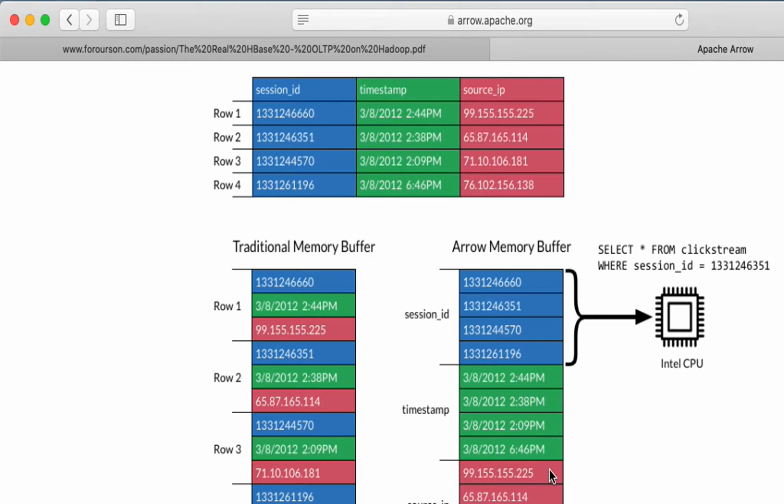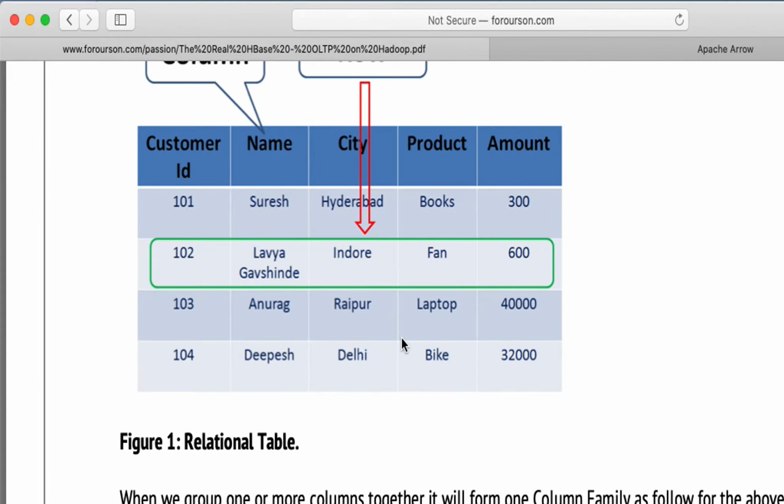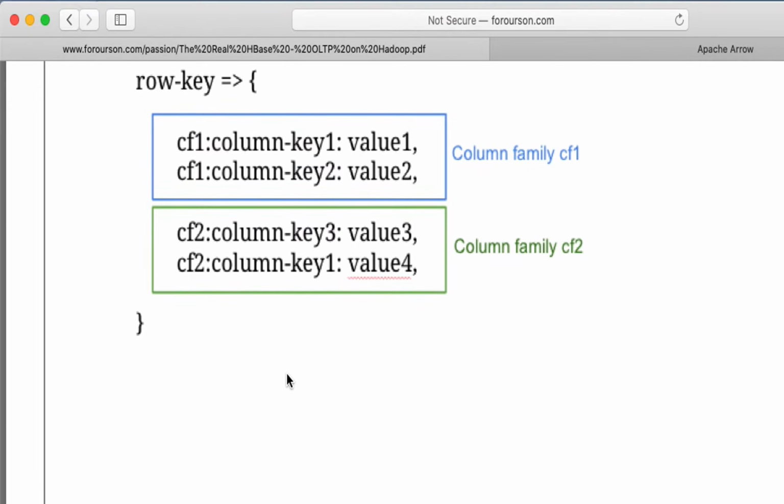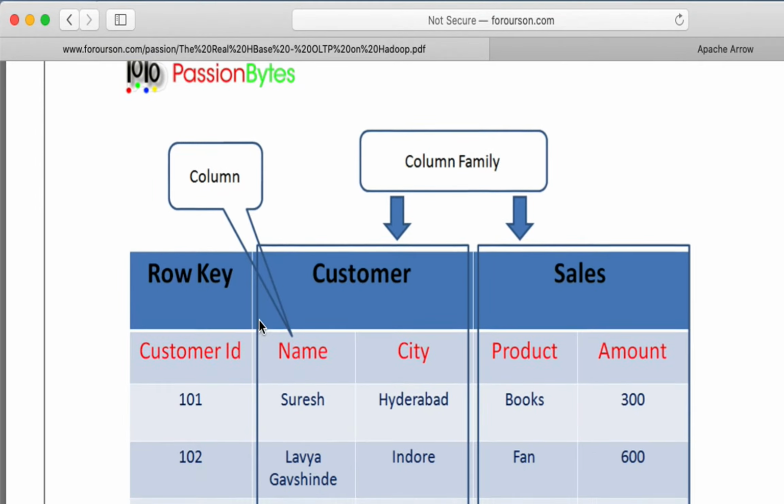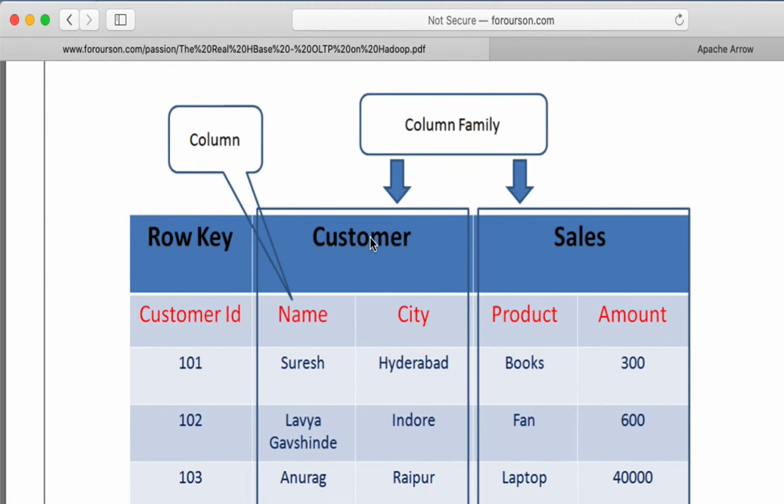You don't have to worry about the internal architecture, but I'm just telling you the difference and how it retrieves things very, very fast. If you look at the document which I have just given you, there is data: customer ID, name, city, product, amount, etc. What you do in HBase is create column families. The customer is a column family with name and city.